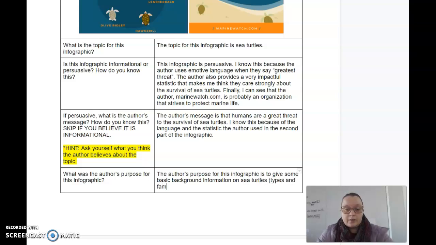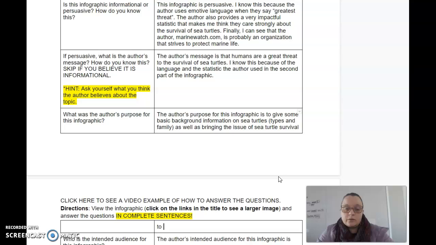The author's purpose for this infographic is to give some basic background information on sea turtles, types and family, as well as bringing the issue of sea turtle survival to their attention.